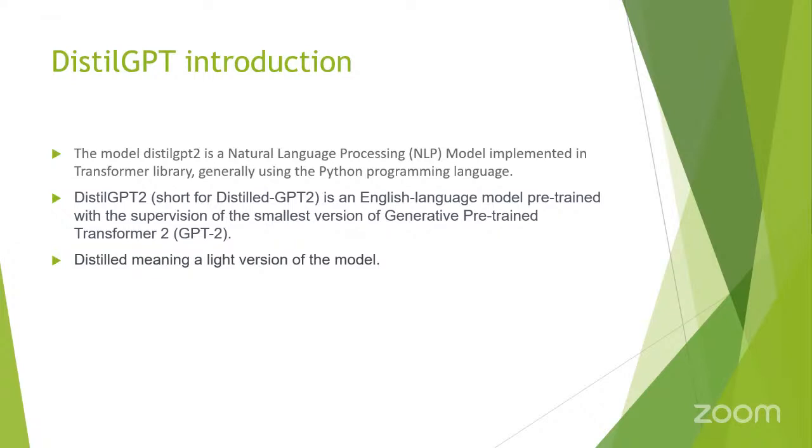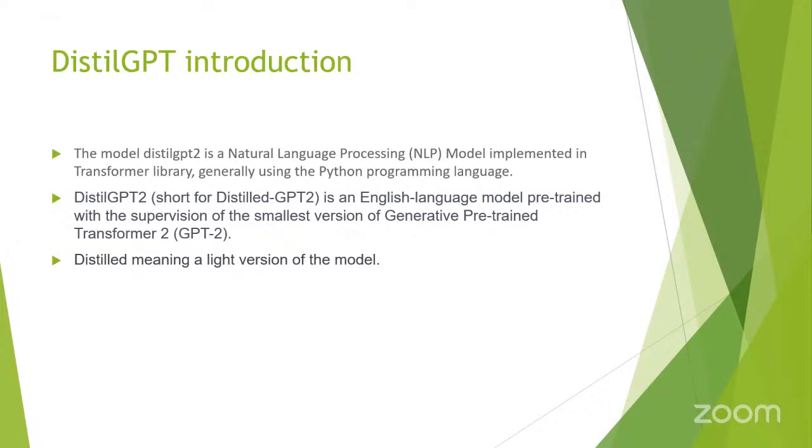So we have a smaller version of GPT-2 called distilled GPT-2, where distilled means a light version of the model. GPT has a transformer architecture, following the self-attention mechanism. Now, if we want to use a lighter version of GPT-2, we have distilled GPT.